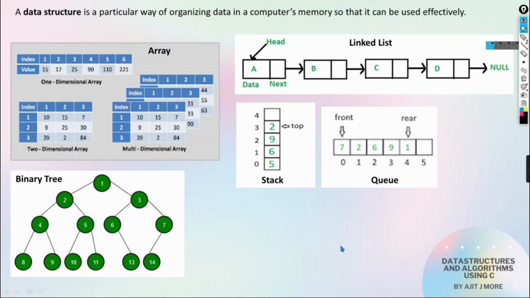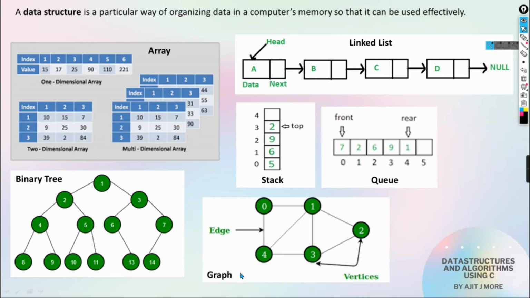Getting it? Then another data structure which is in the nonlinear category is called a graph. There the association is not even in a parent-child relation, which is there in a binary tree. There one element can be associated with any. So you can say a graph is a collection of nodes called vertices, and these nodes are connected by lines called edges.